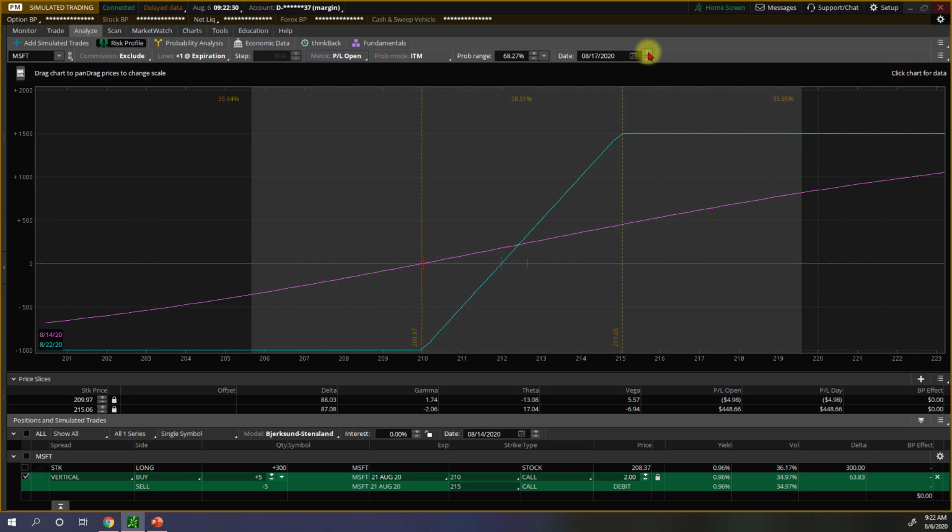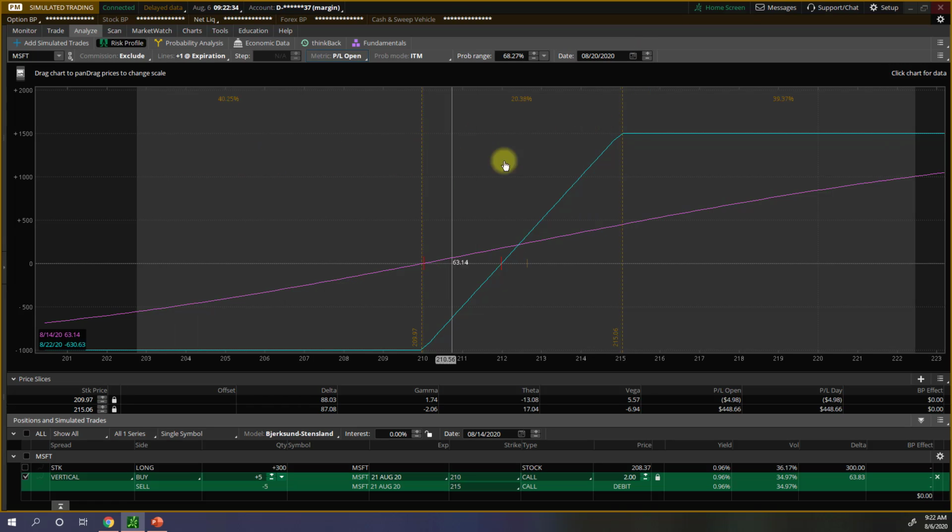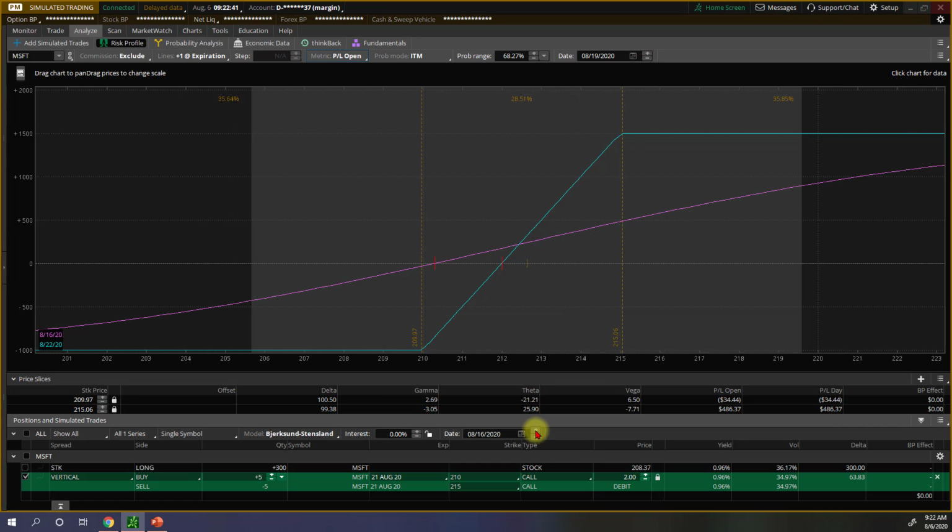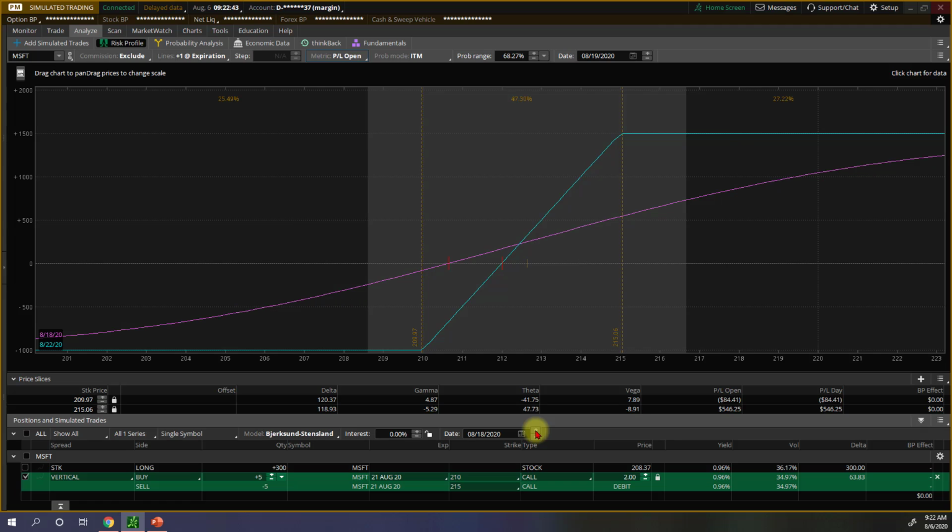Notice that as I add more time to the clock, there's more chances for the price to drift. If I change my clock here, you'll see the gray area shrink because we now have less time to expiration. So not only do you get a look at how your profits and losses will fare, but you also get a look at the probabilities at various stages of your graph.